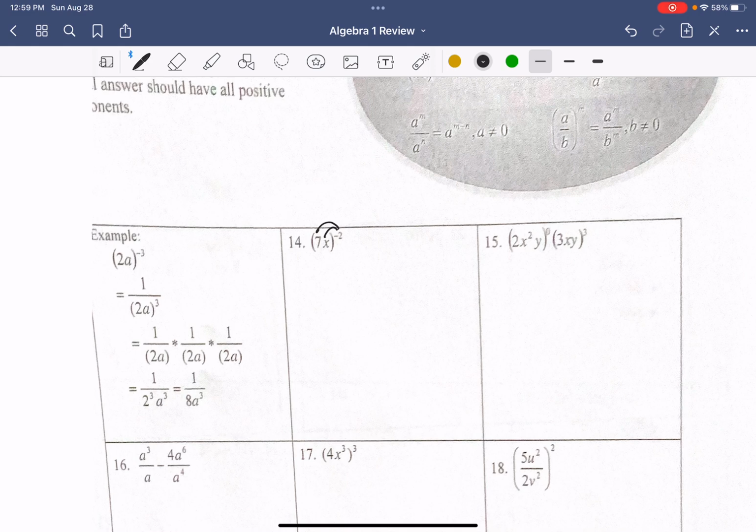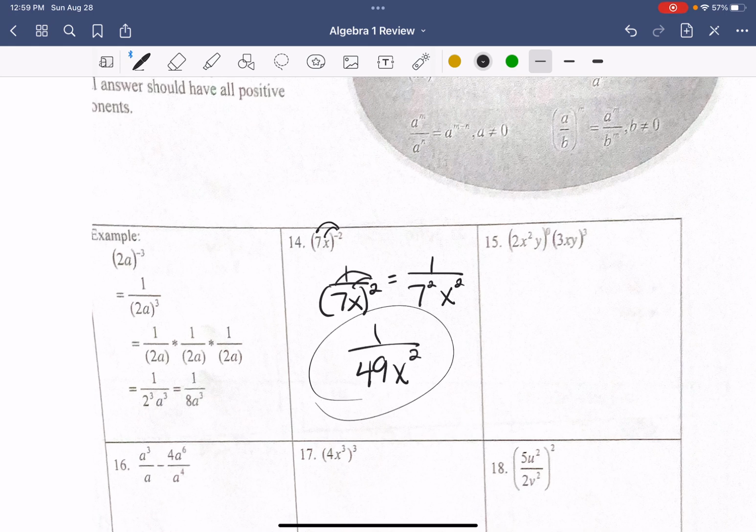So let's start by just putting this as 1 over (7x) quantity squared, and then I need to distribute that square. So I get 1 over 7 squared times x squared, which is 1 over 49x squared. And that's your answer.